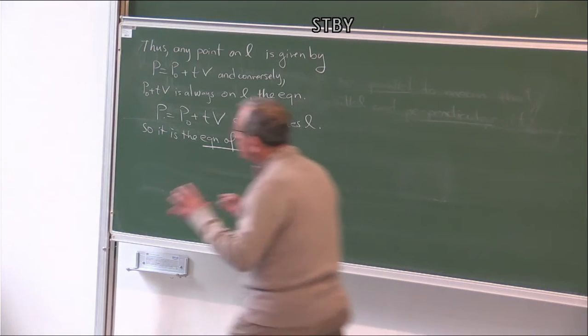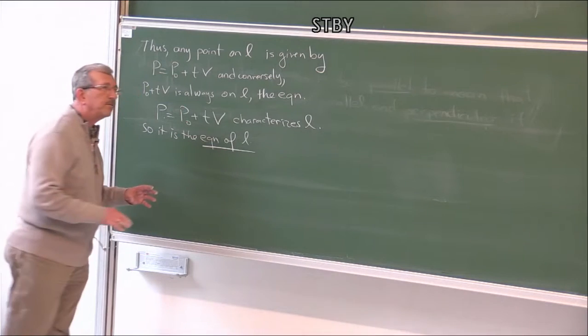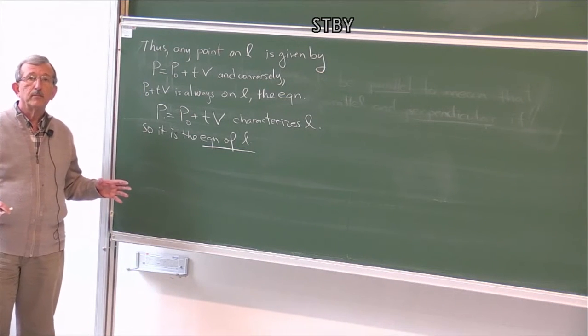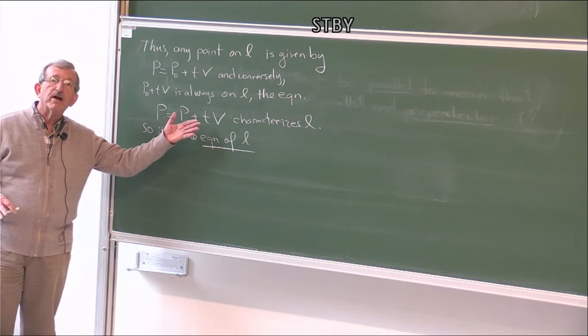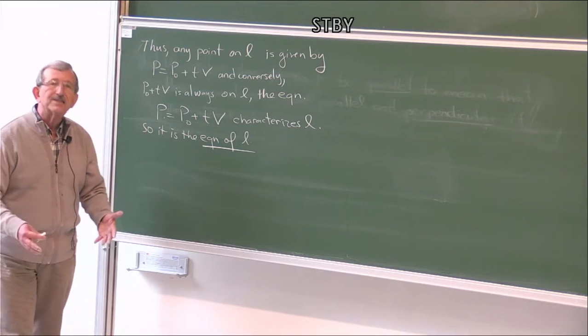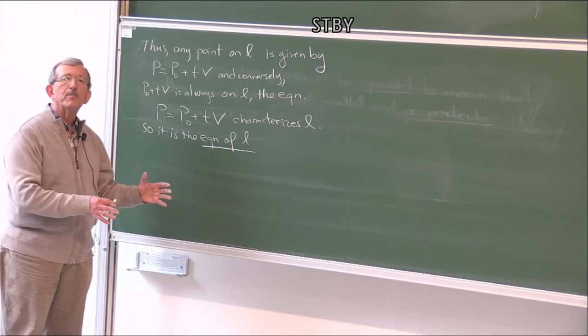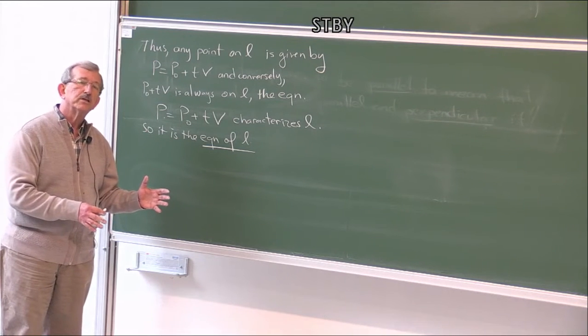Now, the picture was drawn in plane. But clearly, when we consider vectors with three components in space, the same geometric structure prevails.